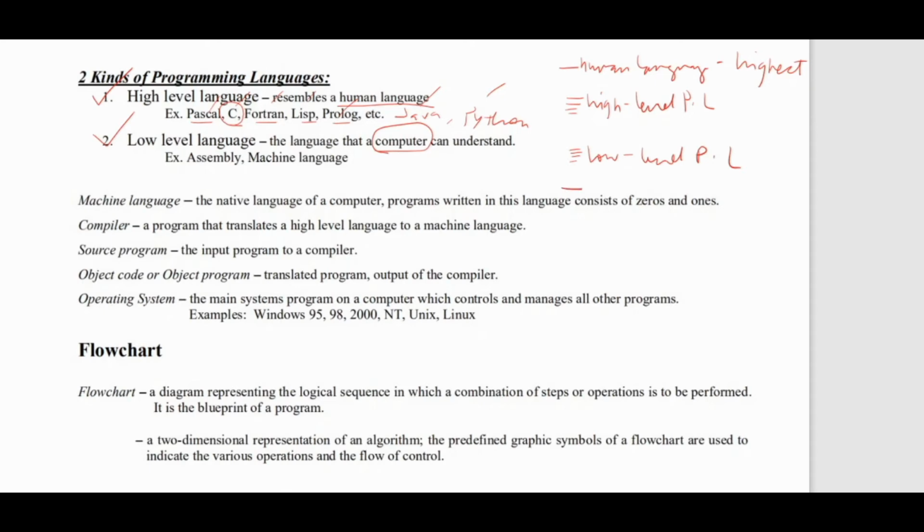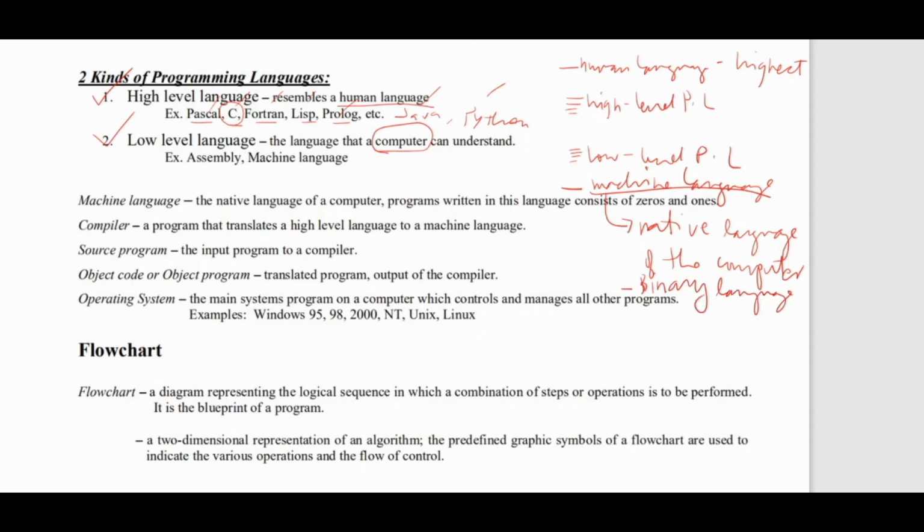And the lowest level language is the machine language. This machine language is the native language of the computer. And another term for this is binary language, because this language consists of only zeros and ones. So maybe it would look like this: 0 1 0 1 1 1 1 0 1 1 0 0 0 1 0. So we call this the binary language or machine language.